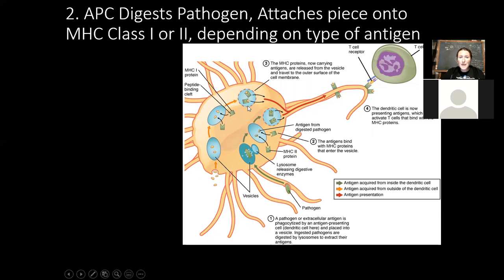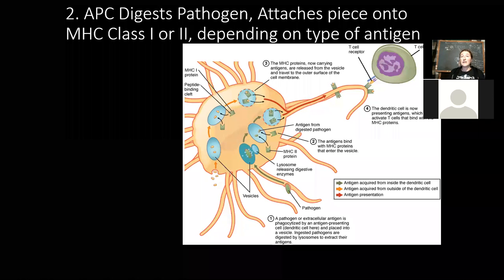The macrophage is going to stick those MHCs with their little antigens on the surface of the cell. Right, and while all these different things are happening, the antigen presenting cell, in this case the macrophage, is going to be taken into the lymphatic vessel, right?